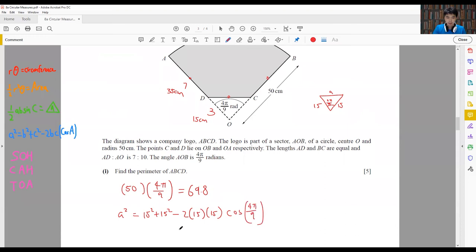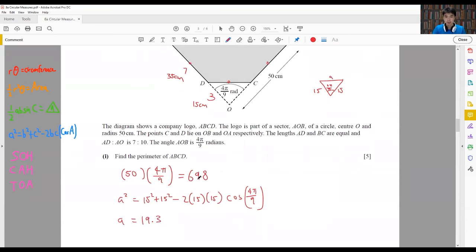What you have is just type everything into the calculator from here. 15 squared plus 15 squared minus 2 times 15 times 15 times cos 4 pi over 9. Square root this answer here. You're supposed to have gotten a is equal to 19.3.